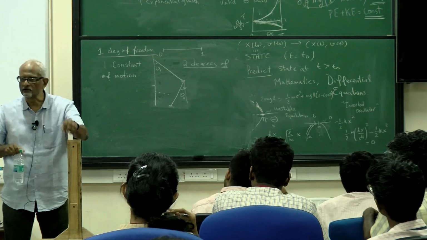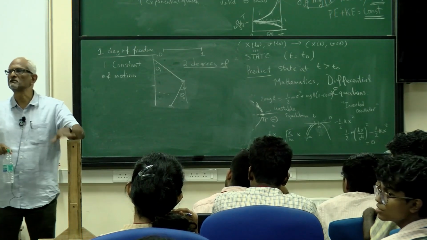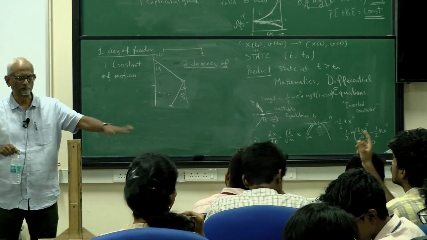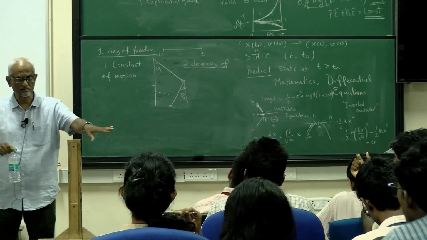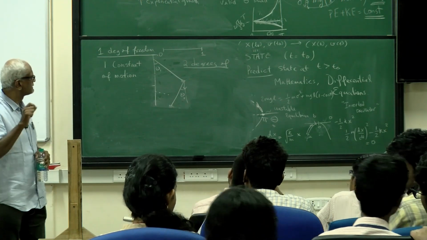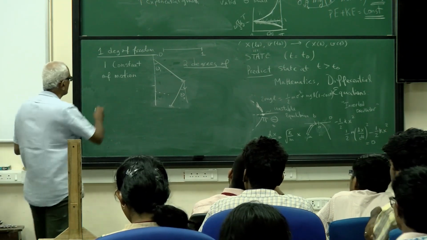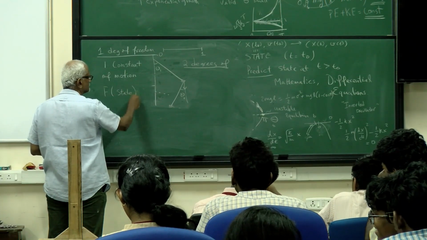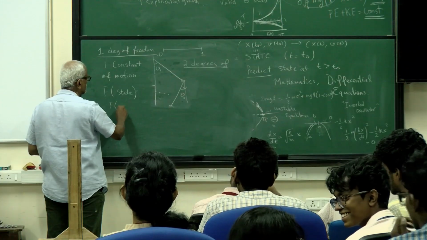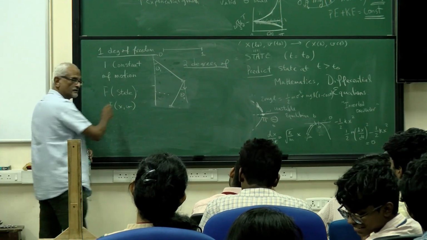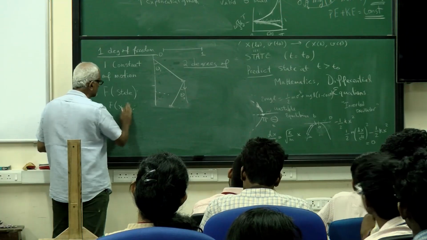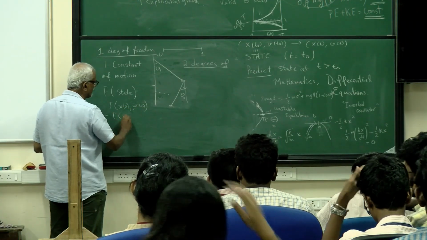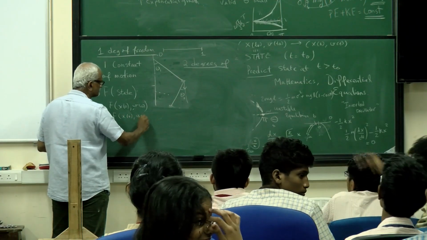What do you mean by constant of the motion? Constant of the motion does not mean things like mass, length, which are the parameters in the thing. Not a constraint. A constant of motion is a function of the state which does not change with time. It's a function of position and velocity. If you take this at some time, let's say 0, it should be the same value of the function at a later time.